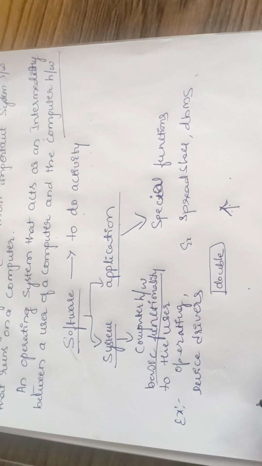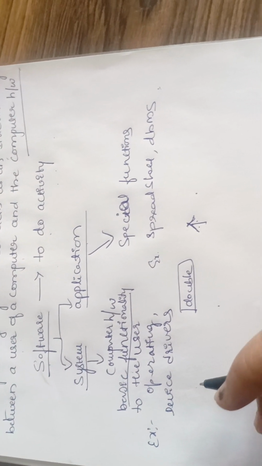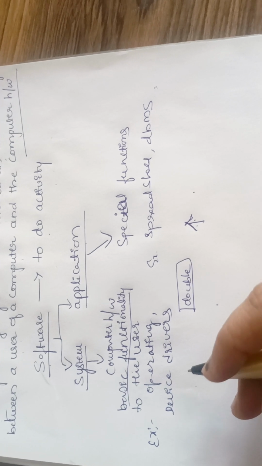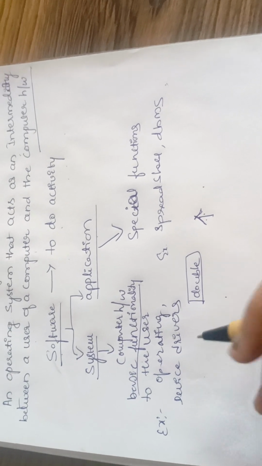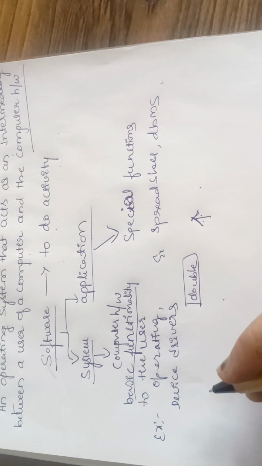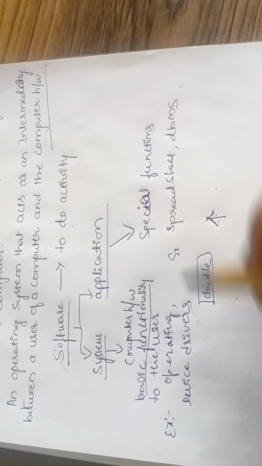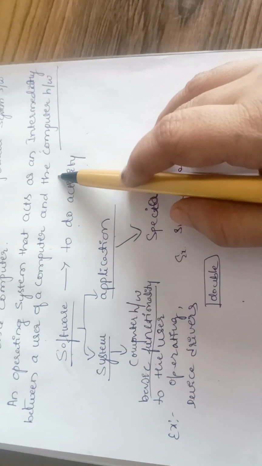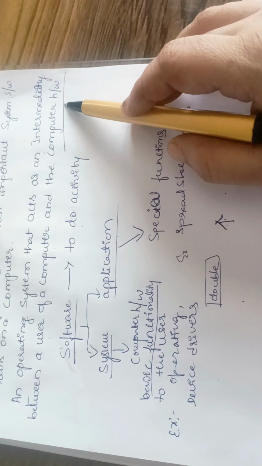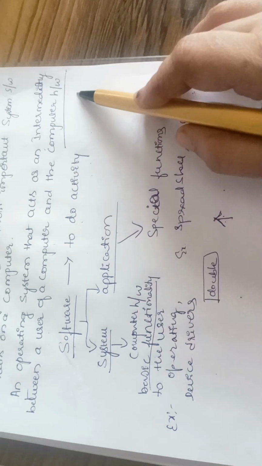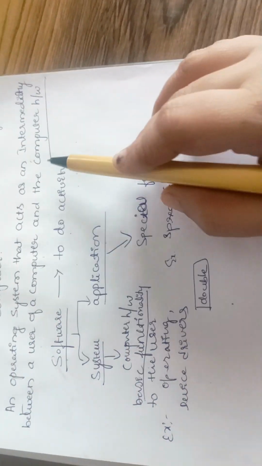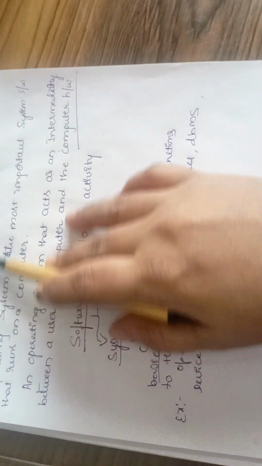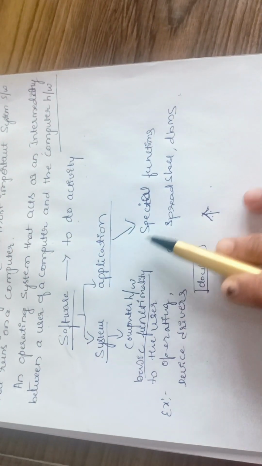Everybody knows it is whatever we have connected to the system, like the printer, keyboard, mouse, or it can be the CPU or memory, anything. These are all called computer hardware. To manage all these things, we require an operating system. So now everybody got this, what an operating system is and what it means, right?